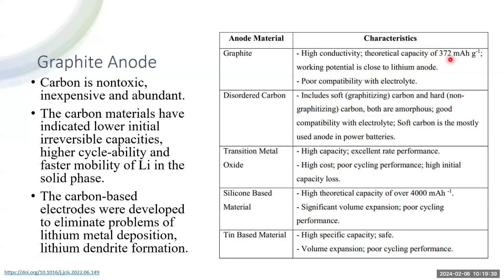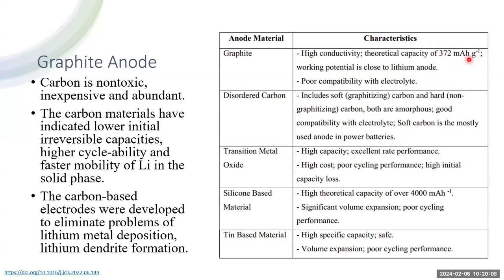That's very easy to understand. That's why we call it milliamp hour per gram. That means 1 gram of graphite can give you 372 milliampere current for 1 hour. If you double the current, your time will be half. If you make the current half, your time will be doubled. So that's how you interpret milliampere hour per gram.